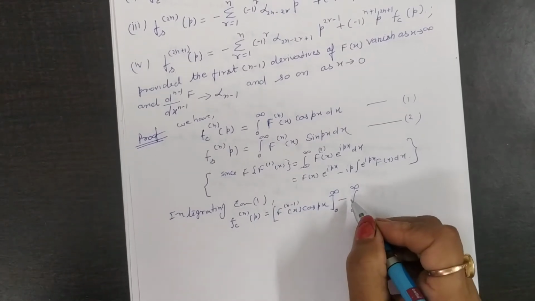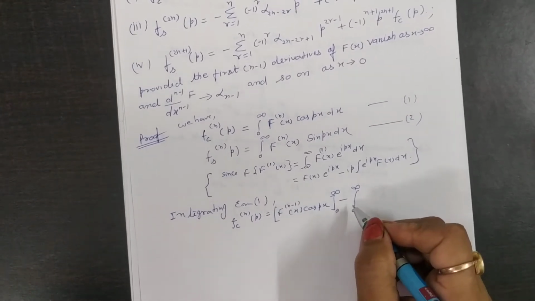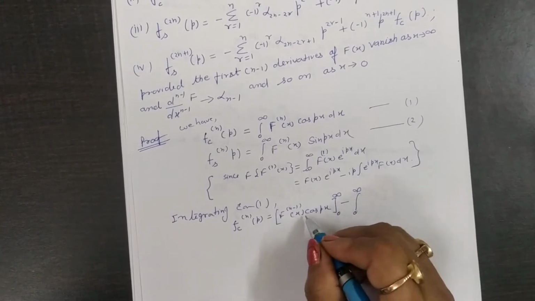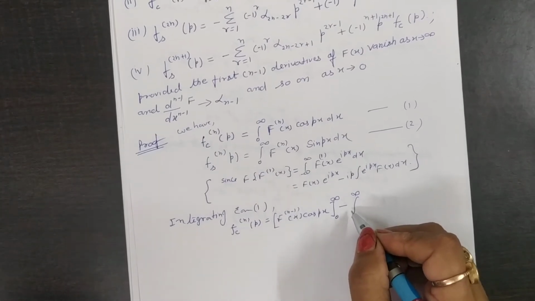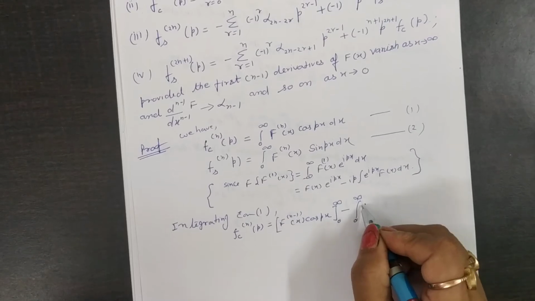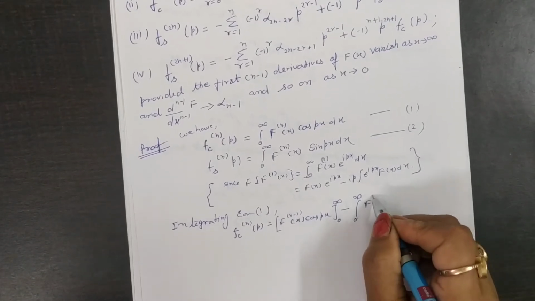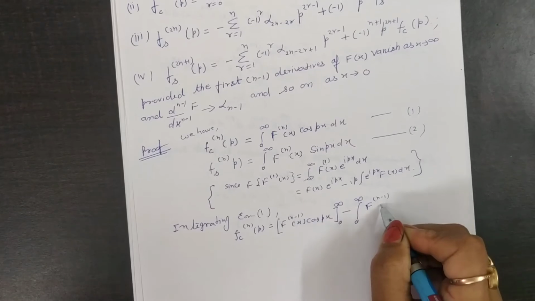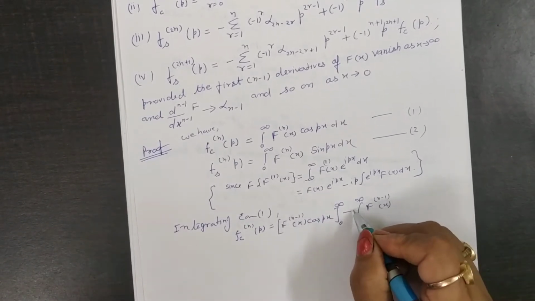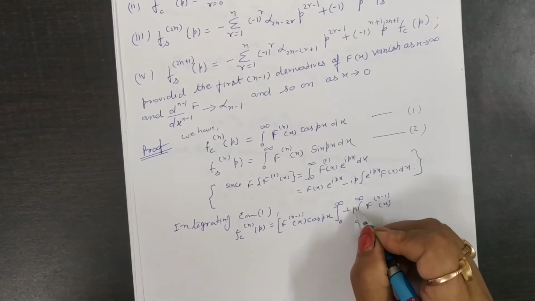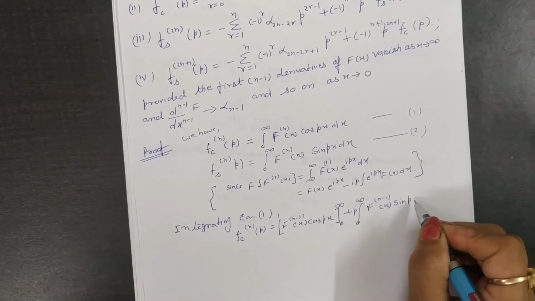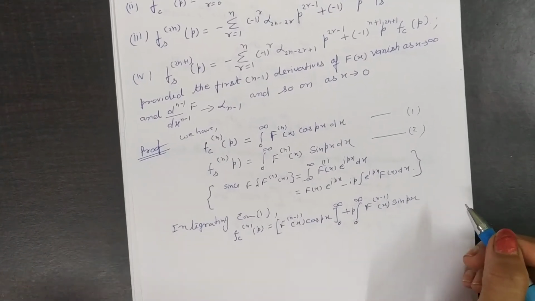Differentiating this gives minus p, f^(n-1)(x), and also differentiating cos gives minus p, minus minus plus, this is p sin(px).